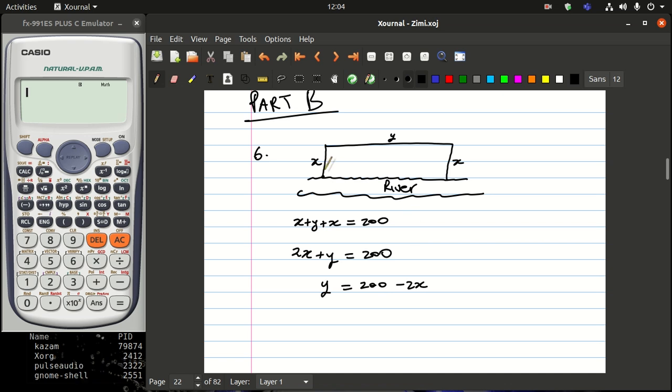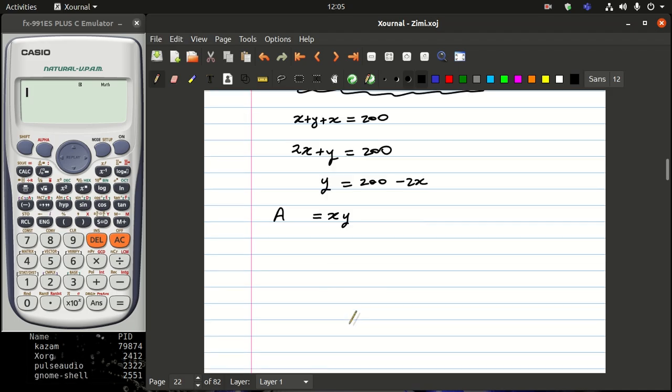If we want to maximize the area, the first thing we need to know is what is the area of this rectangle? The area is always this side times that side. So A for area is equal to x times y.